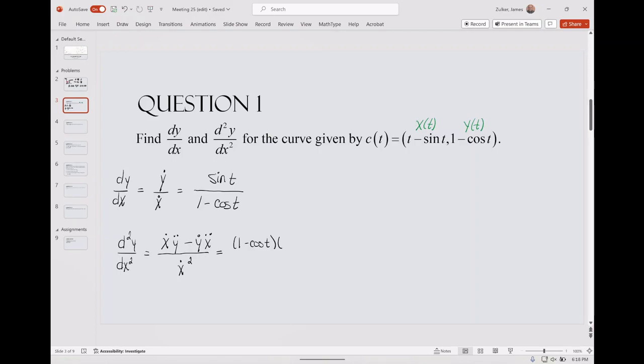Cosine. We know y dot. What is the second derivative of x? Sine. Said sine? Yep.